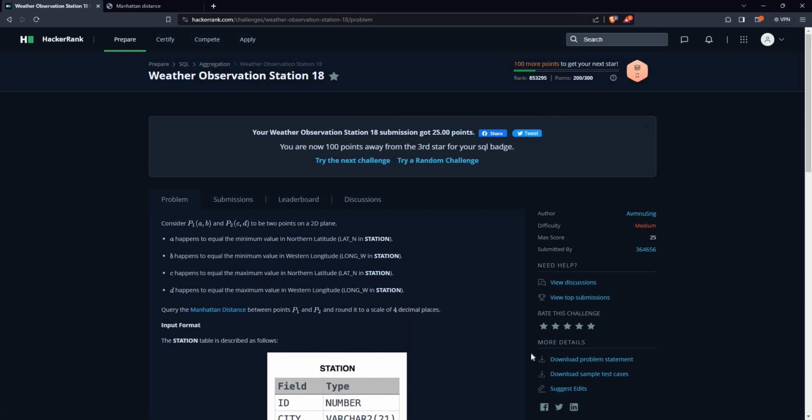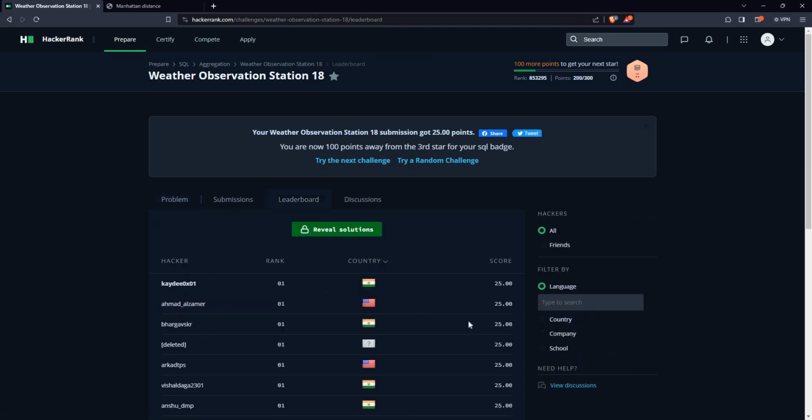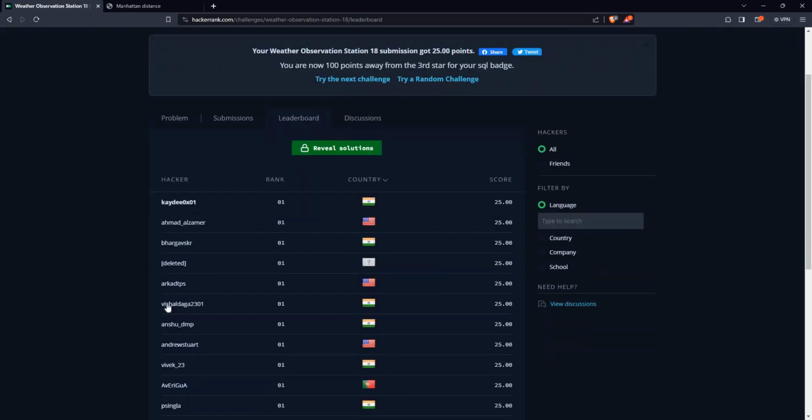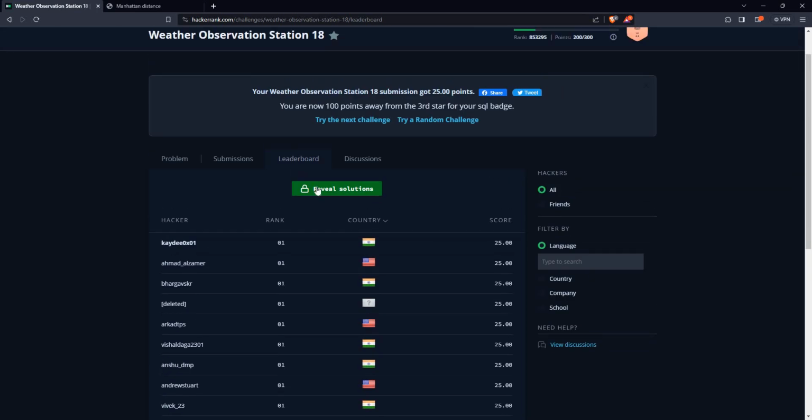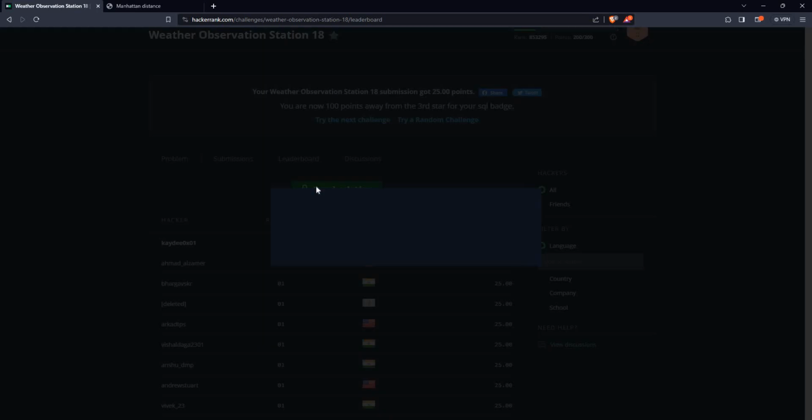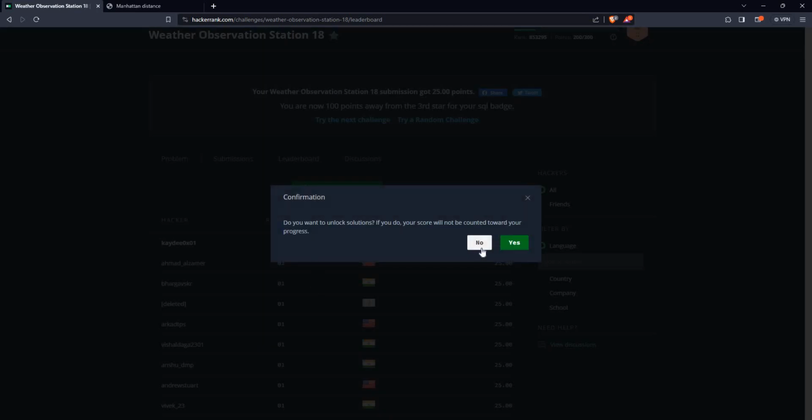Yep, so one suggestion would be, if you guys want to really get good at SQL, just try to spend some time here, right? There are so many solutions here. If you go to leaderboard, there are so many solutions. People have submitted all these. You can go ahead and reveal the solution, right? So if you reveal the solution, your score won't be counted. It's fine.